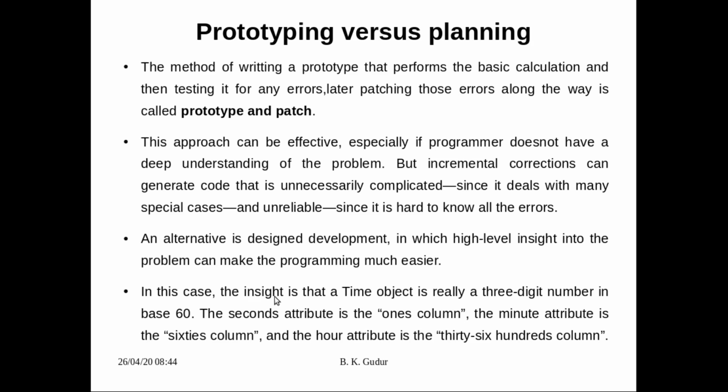In this case, the insight is that the time object is really a 3-digit number in base 60. The person should know that the time we are going to use is basically a 3-digit number with base 60, instead of the normal base 10.